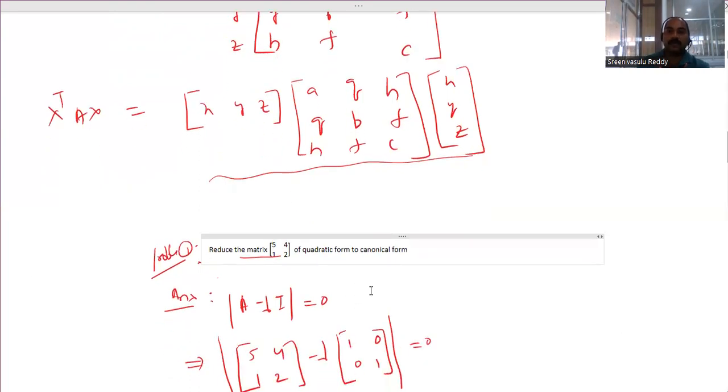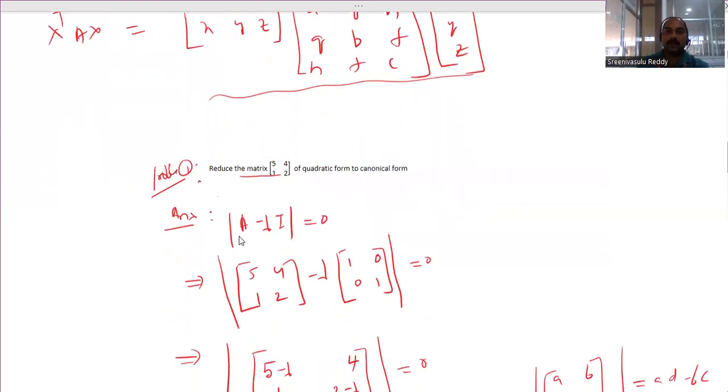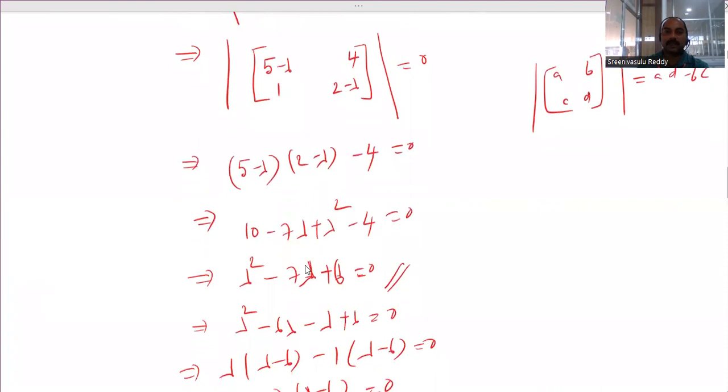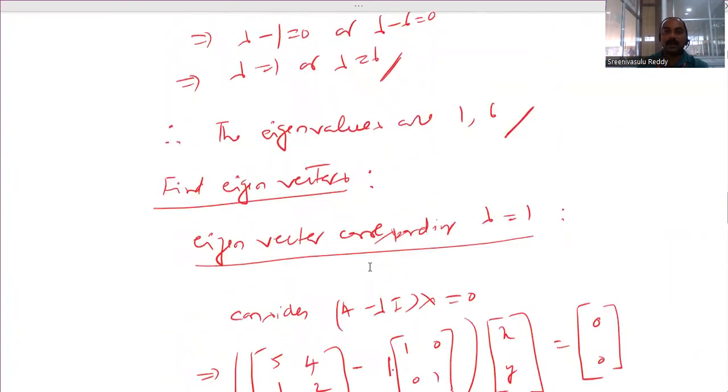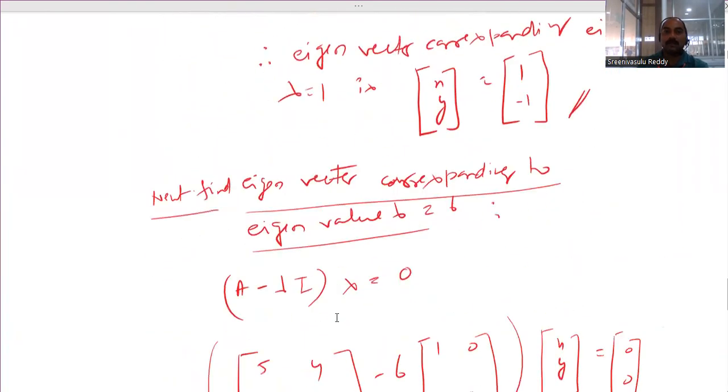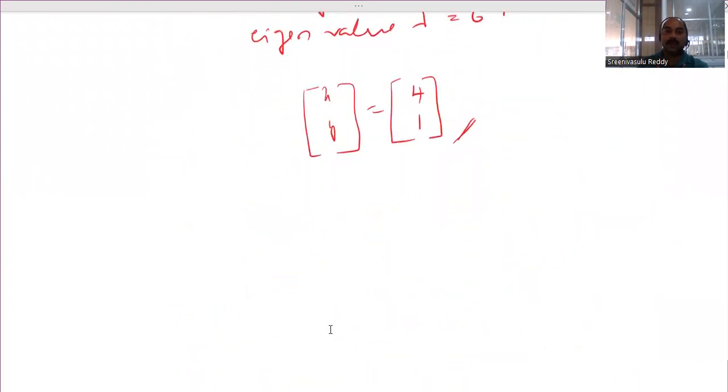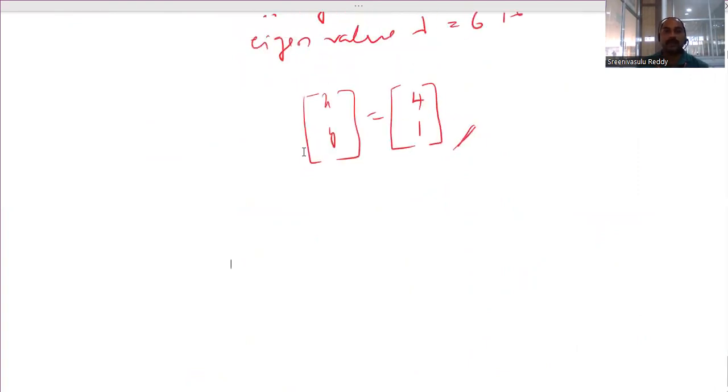Whenever you see the quadratic form to canonical form, the first step is to find the eigenvalues, just like in diagonalization. Then find the eigenvectors. In place of P, we take normalized vectors.